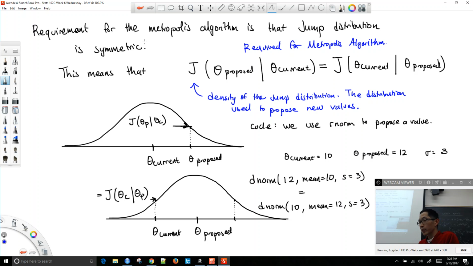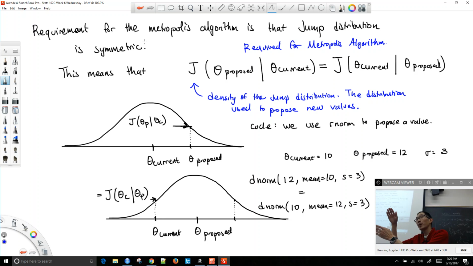The other algorithm that we were using for the island chains, what was the jump or proposal distribution there? It was a coin flip. If I'm currently located at island 4, what's the probability I propose island 5? That's 0.5, because I'd flip heads or tails.